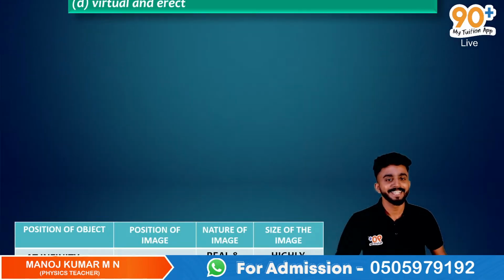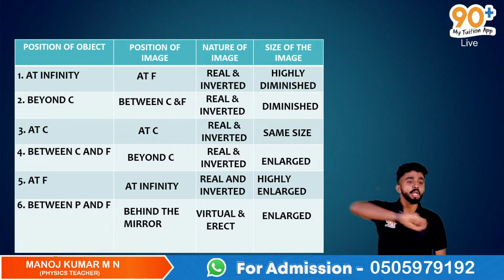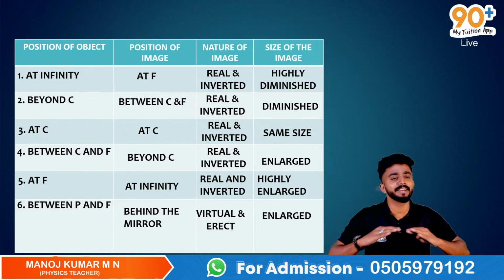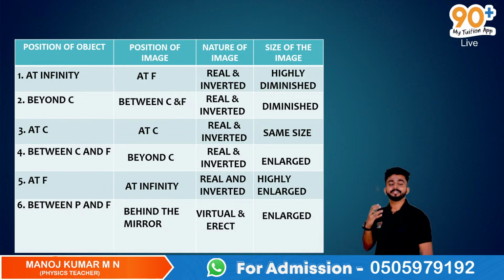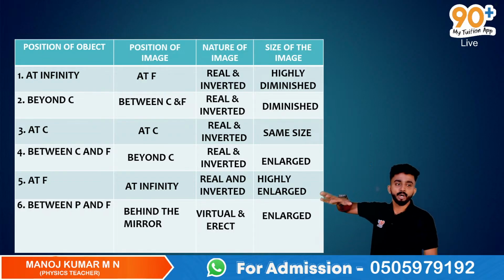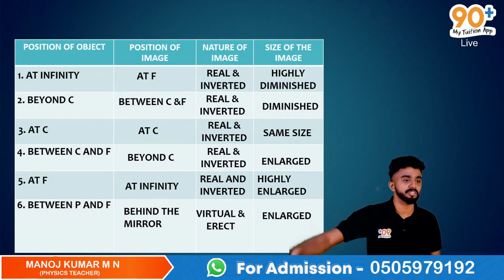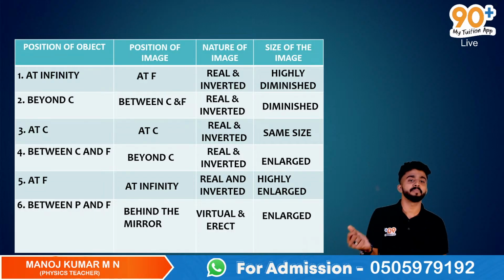Very good, guys. Now, in the case of image formation, you might have learned a variety of image formations, right? So as to remember all that, we have tabulated data with respect to different positions of the object and different positions of the image. With respect to the different positions of the object, different image formations will be there.